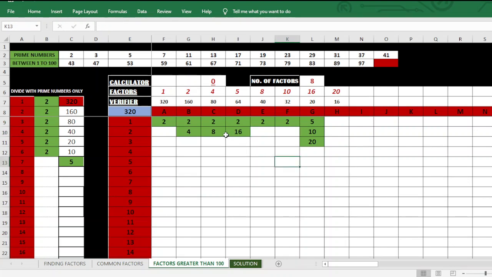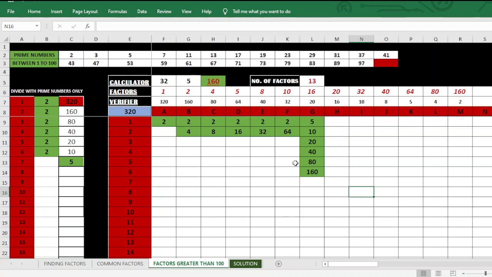8, 5, 40. 16 times 2 should be 32. 16 times 5, 80. 32 times 2 should be 64. 32 times 5 should give us 160.